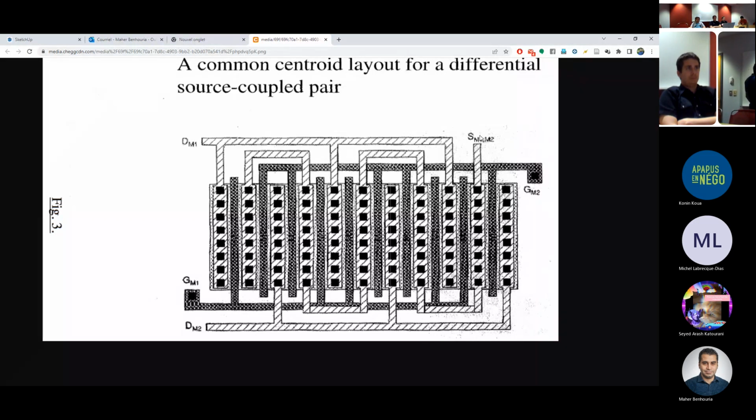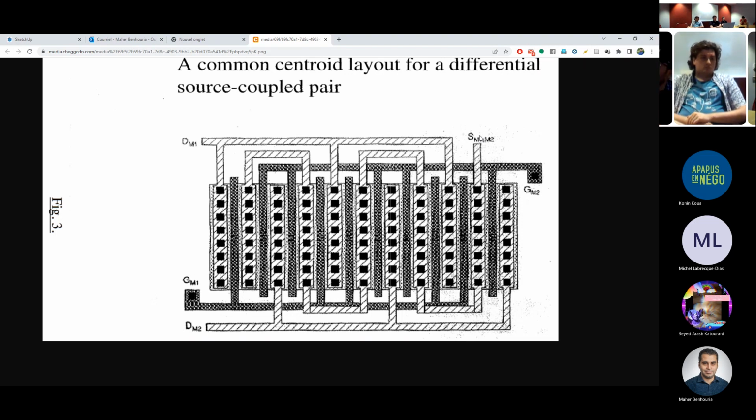But this one, it's doping, it's a gradient. You have to always put dummies, so your dummy will be in the region of decreasing doping. So this one is missing the dummies.